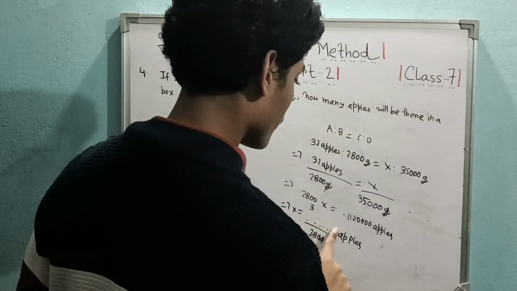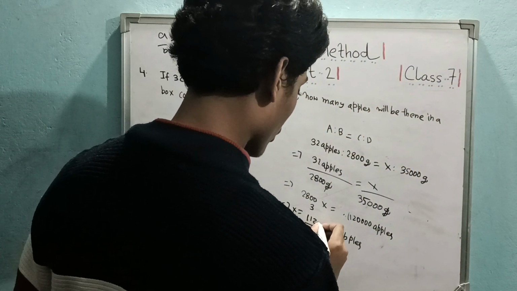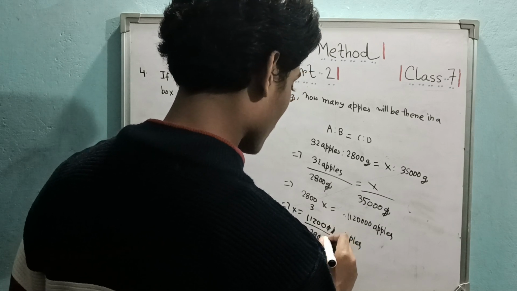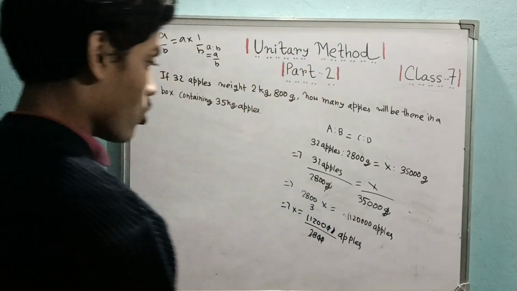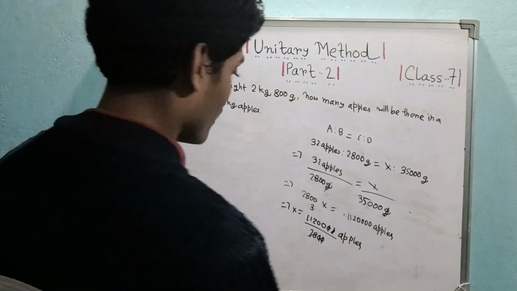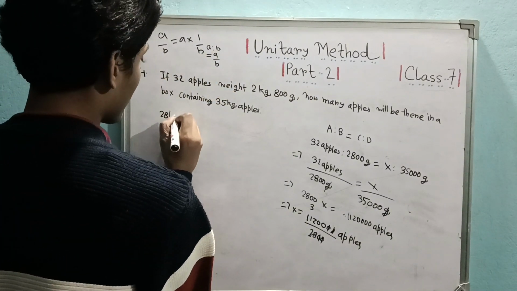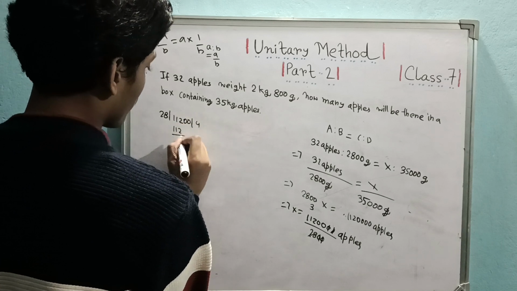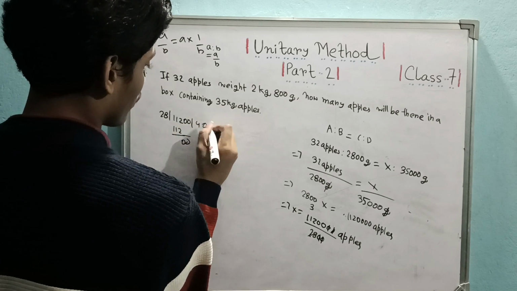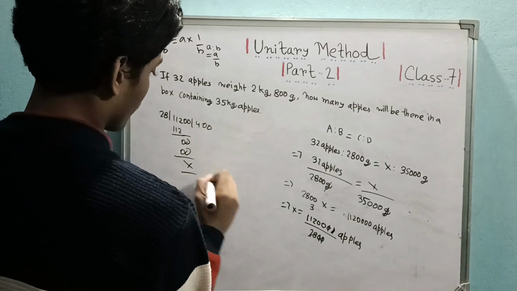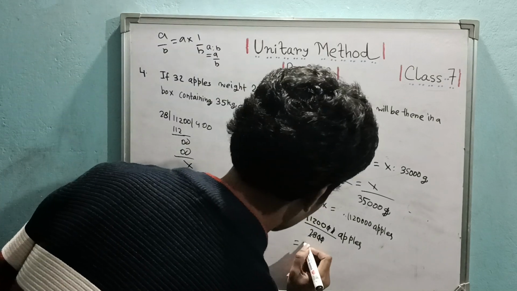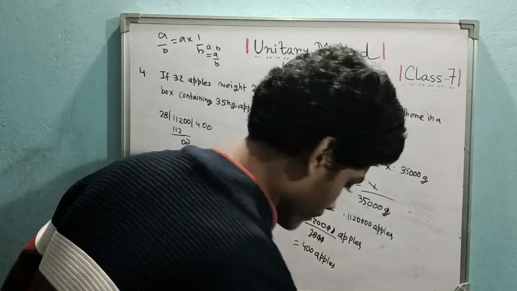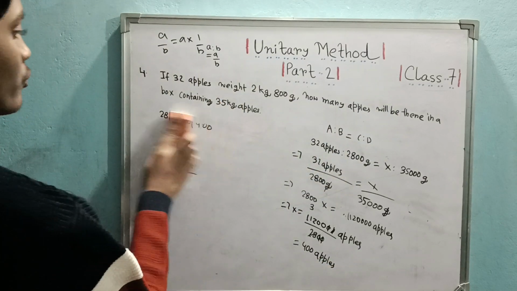It happens when you are not well, you can make mistakes, right? Same happening for me. Now let's divide. I hope I don't mess up again. So 28 divided into 11200, 4 112, 0 0, here 0 0, and easy. Got 400 apples. Okay, sorry for that mistake of 30 to 35.